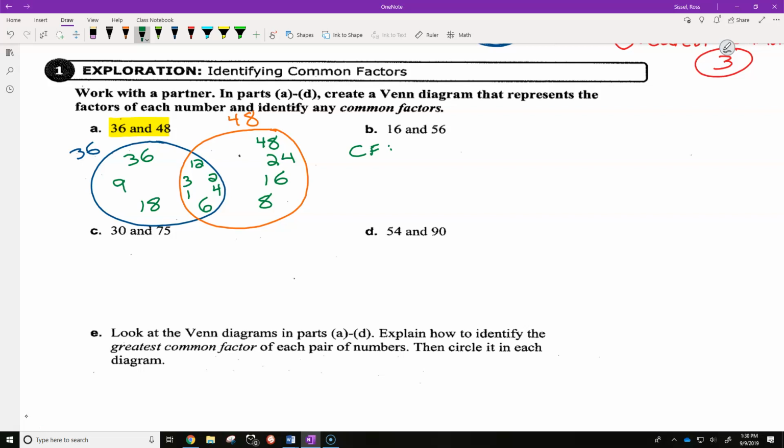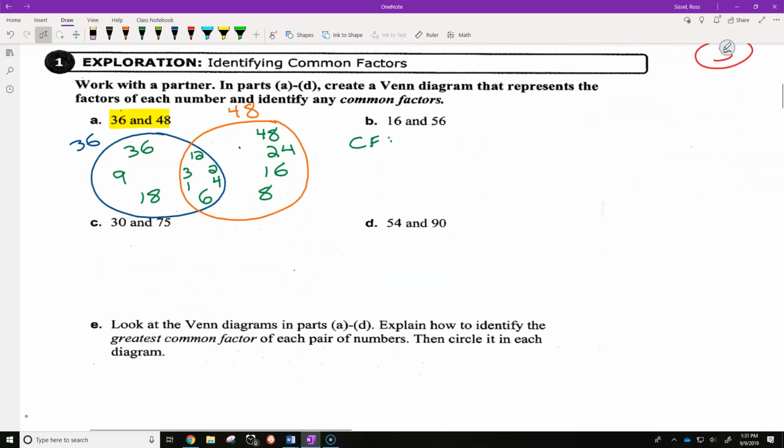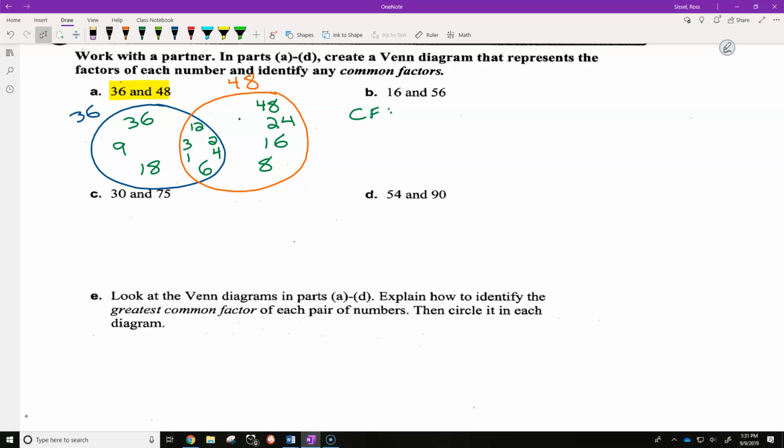Graylee? Remember, go back to what we just said up here. Common means the same factor, the numbers that are being multiplied. Those are my common factors. Peter? 6. Nope. Ethan? 4. Nope. Marley?